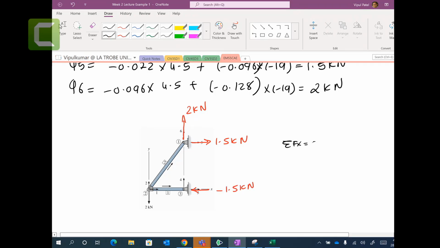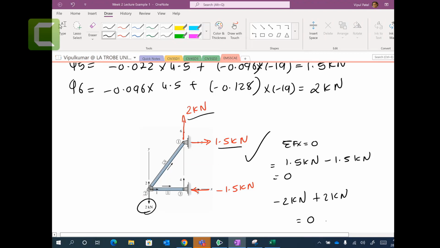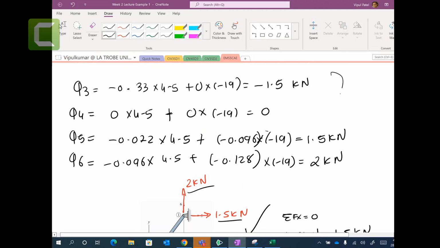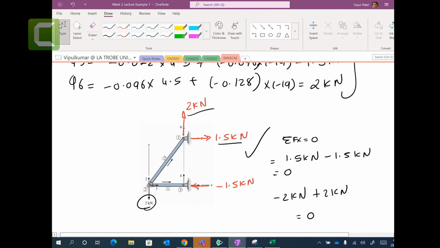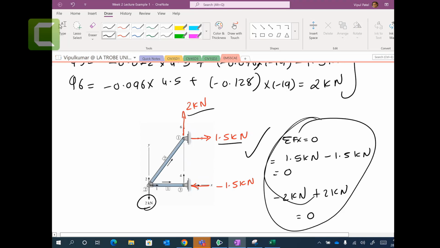The force in the x direction equals 0: 1.5 positive minus 1.5 is equal to 0. So equilibrium is verified. Verticals, 2 going down, 2 going up. Again, it is 0 because your truss is sitting in one place. It's not in space. It's not a skateboard. All the forces in the x and all the forces in the y should be matched. These answers that you got should verify that it looks correct, right?